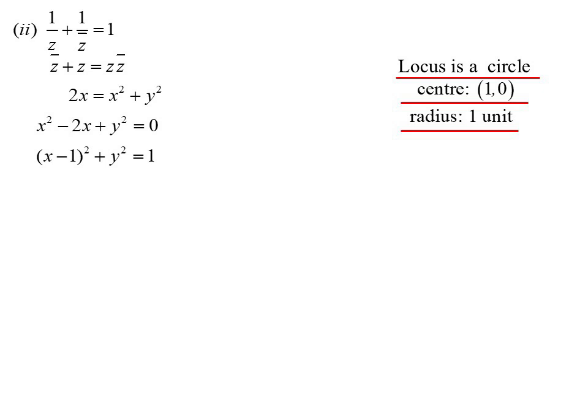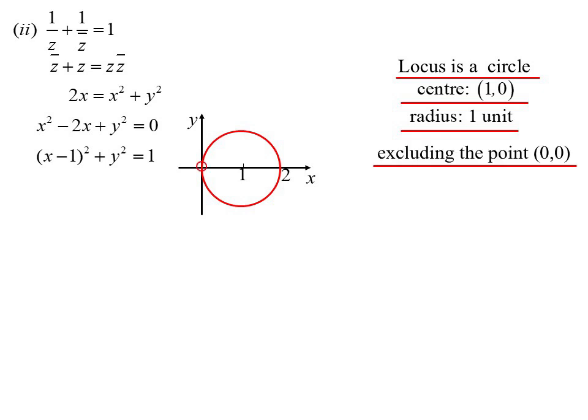Sort of. That's not 100% correct. Because you see, I turned it into x and y so I could solve the problem. And sure, here's the picture, I would think. But you always go back to what the original thing was being asked. And you go, hang on a sec. Originally I had 1 on z plus 1 on the conjugate of z. And I know I can't have 0 on the bottom of a fraction. So yes, it is that circle, but it would exclude the point 0, 0.